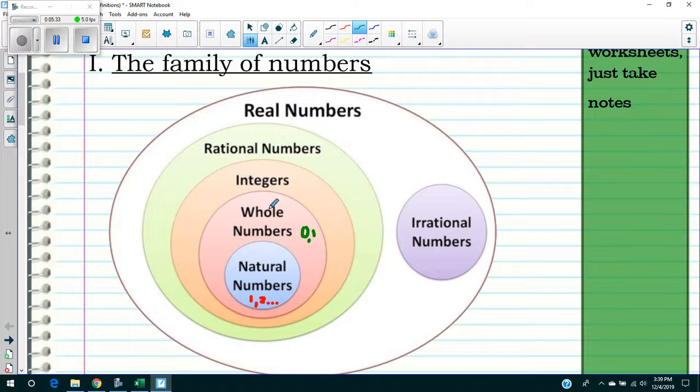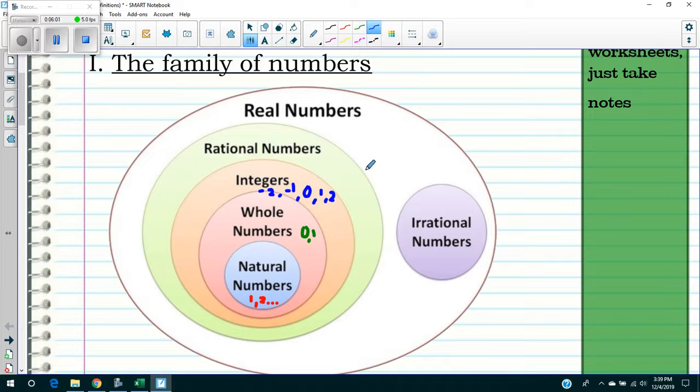Okay, so moving on into a larger and larger family, now we have integers. So what are integers? Well, integers are whole numbers, including 0. So all the whole numbers. But they also include positive and negative numbers. So now you've got -1 and -2.